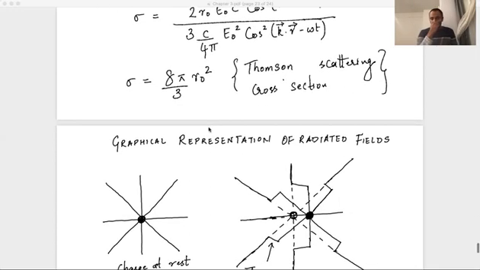The last thing I want to do is give you a pictorial representation of why accelerated charges radiate electromagnetic waves. We went through a formal derivation with delta functions and Jacobians and all of that, but I really want you to have the physical intuition, so you understand what is really happening here. It's important to learn both.